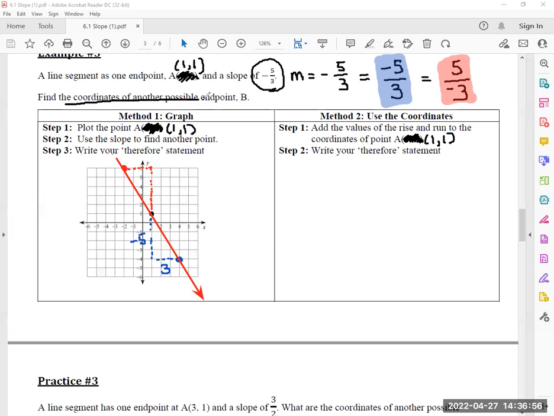Find the coordinates of another possible endpoint B. Sure, I can say that a point exists as 4, -4.